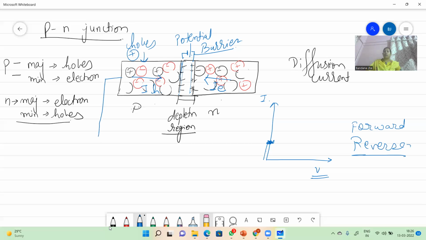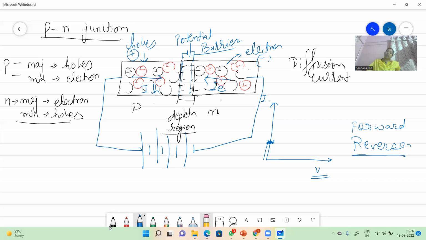So if the battery terminal here is positive, and here are electrons, meaning negative charge, and this is connected with the negative terminal, then we say this is a forward bias. This connection is my forward bias.